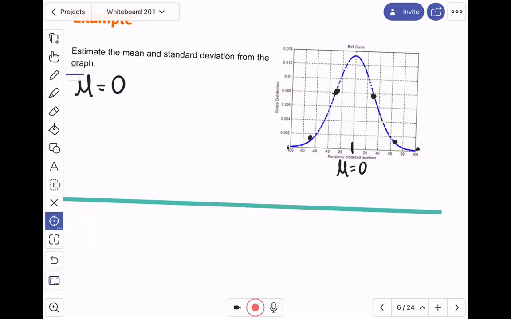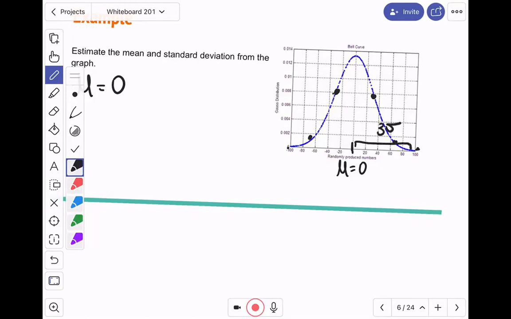So we know underneath this curve, how many standard deviations are to the right? 3. That's 3 sigma to the right, right? How many are to the left? It's also 3 sigma, right? There's a couple ways you can do it. To the right, from 0 to 100, is a distance of 100, right?